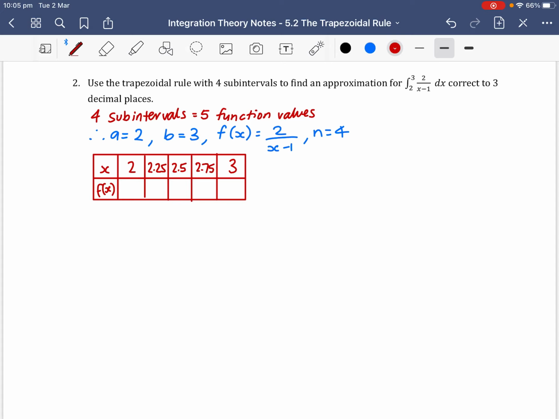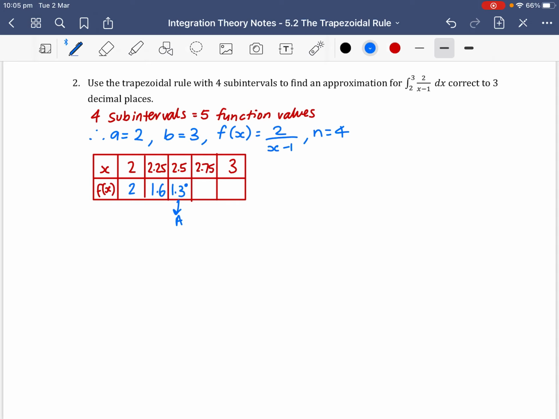So when we sub 2 into our function, we get 2 over 2 minus 1, which is 2. When we sub 2.25 into our function, it's our next value, we get 1.6 exactly. When we sub 2.5 into our function, we get 1.3 repeater. Now I'm going to store this in my calculator as A, so shift recall A, because we will substitute that in later on.